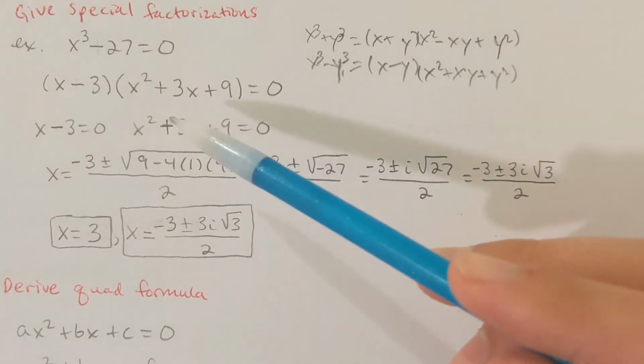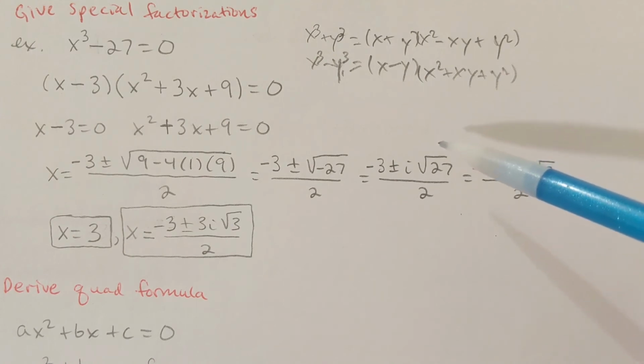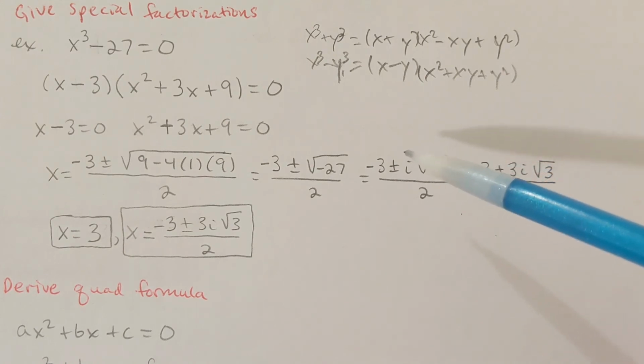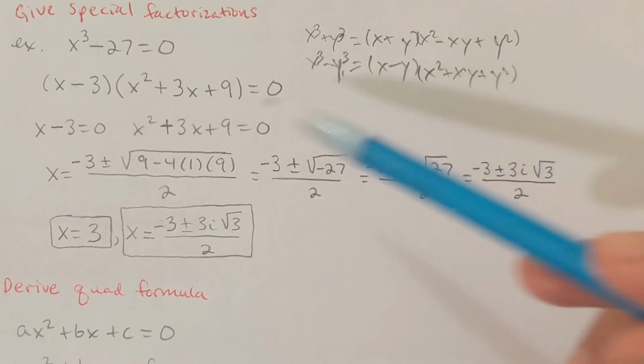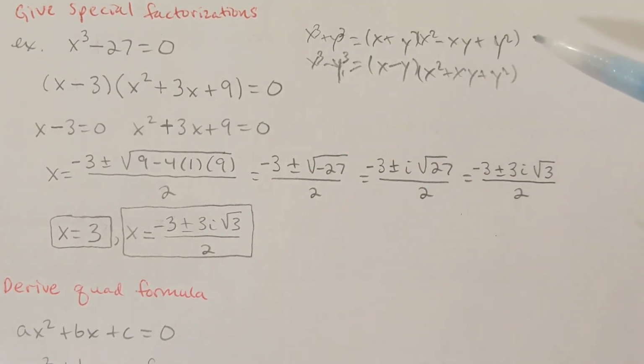Okay, by the way, x squared plus xy plus y squared is always going to be in complete simplified form whenever you use this formula. Okay, so these two trinomials are always going to be in simplified form.